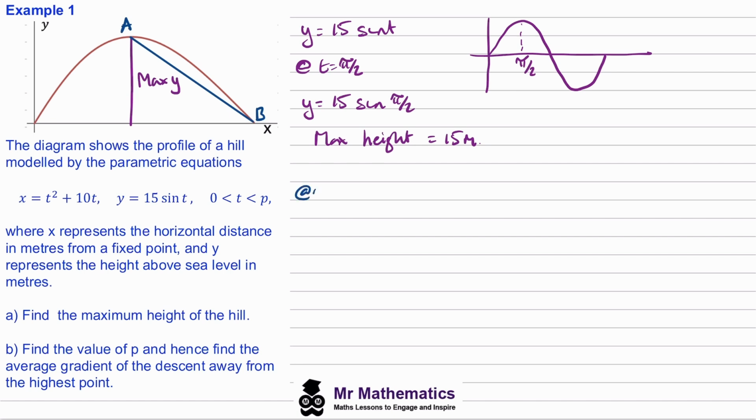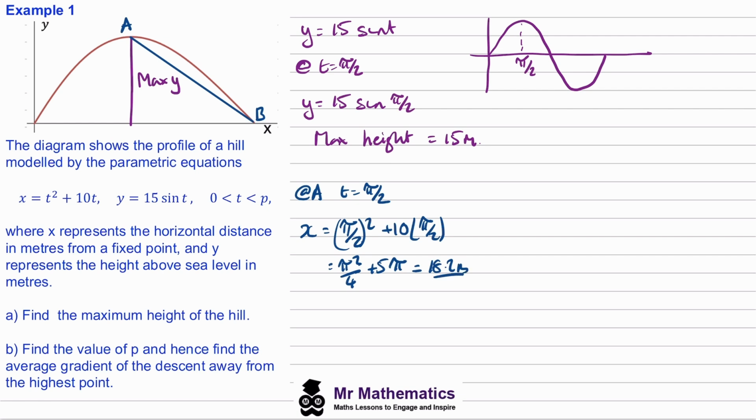We know that at A, t equals pi over 2. So we can work out the x value by substituting pi over 2 into this equation. So x will be pi over 2 squared plus 10 lots of pi over 2. So we'll have pi squared over 4 plus 5 pi, and this will give us 18.2 meters.